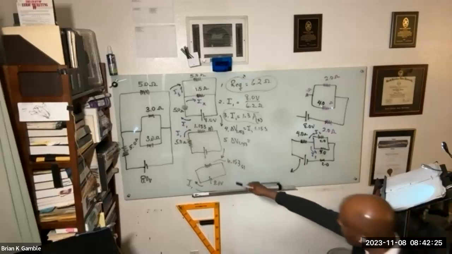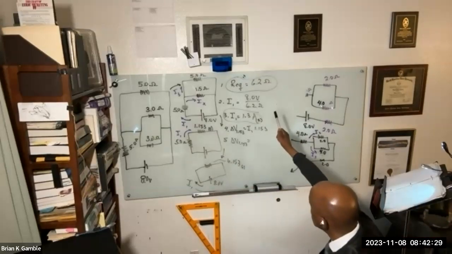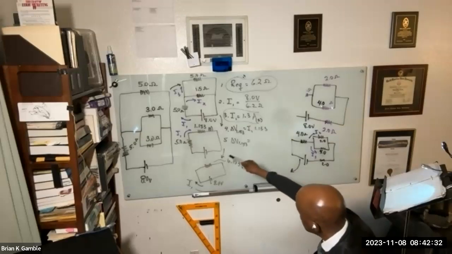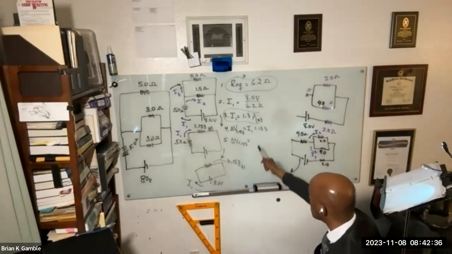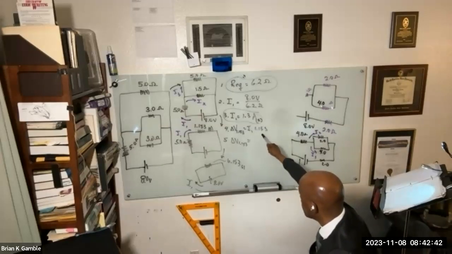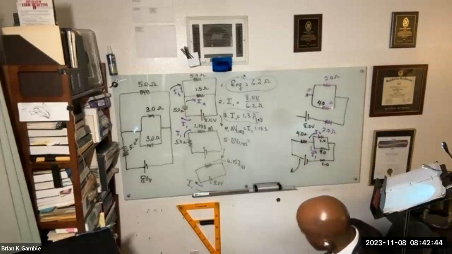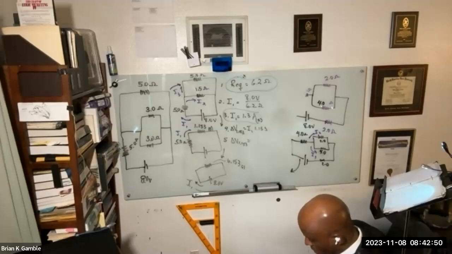So, okay, current 1 is 1.3 amps. And that 1.3 amp goes through that thing, so the total voltage across that should be this times the 1.153, which I placed in register 0.